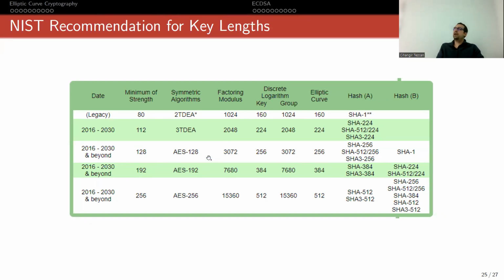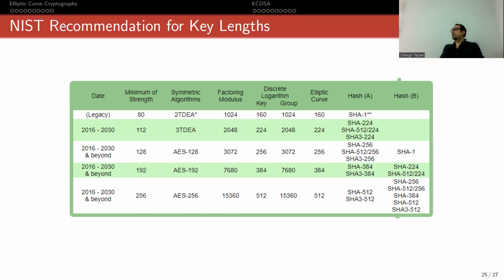But if you want to have military-grade security, we suggest 256-bit security. So you can use AES 256. But as you can see, due to sub-exponential time algorithms that break the factorization problem, this increase is not a multiple of 2, right? This is like a multiple of 5. So you need to choose your factoring modulus as 15,360 bits.